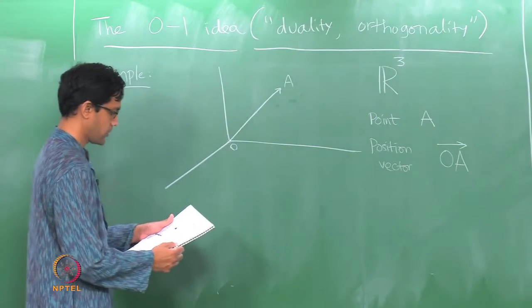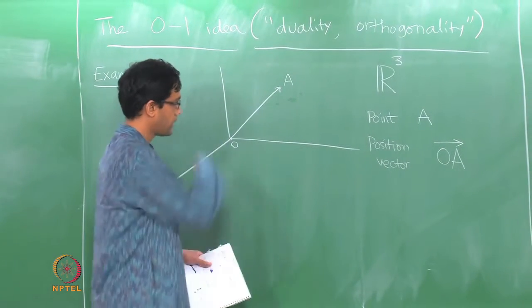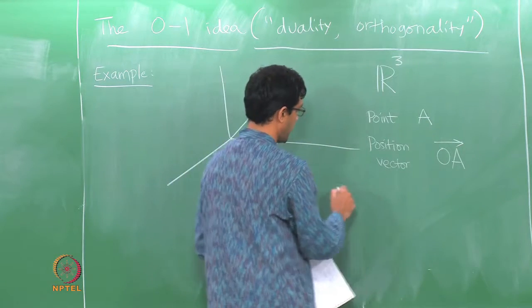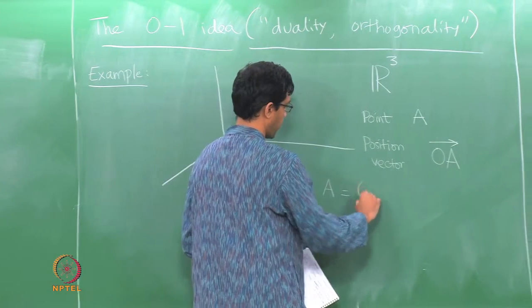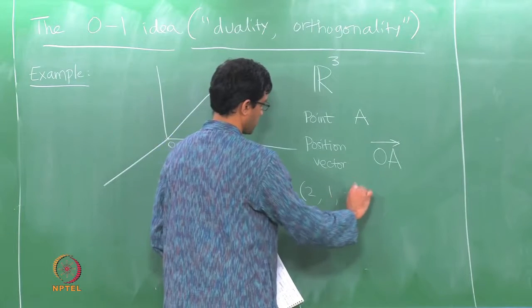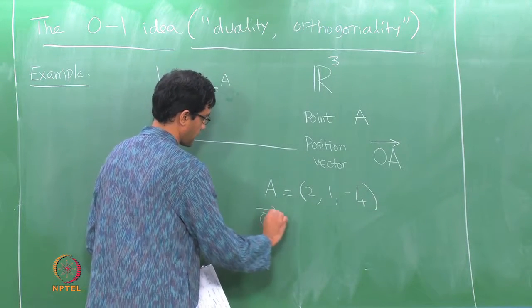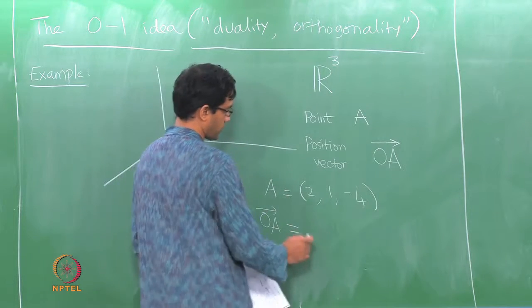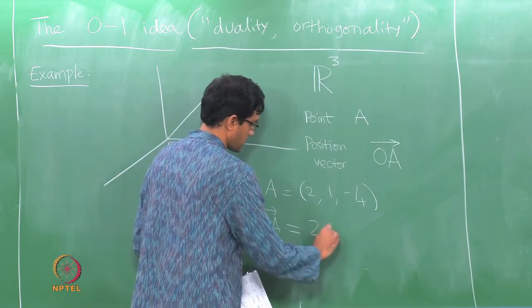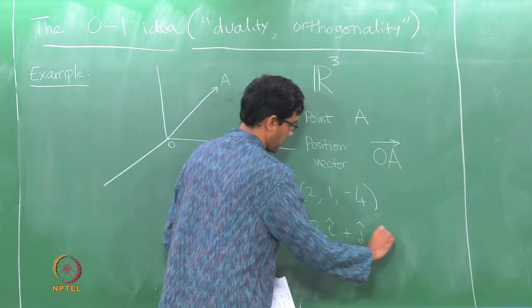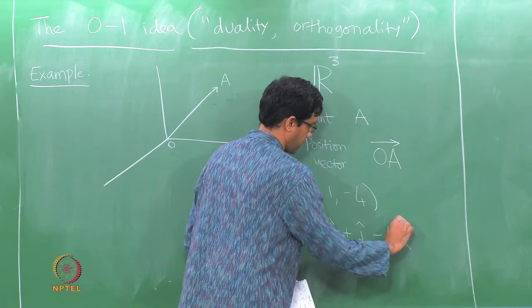Okay, so now here's what I want to do. Maybe we'll just give an example of this. If A is, let's say, the point 2, 1, minus 4, then the position vector of A is usually written in vector notation as 2i cap plus j cap minus 4k cap.